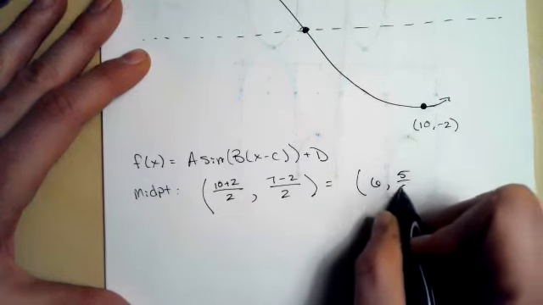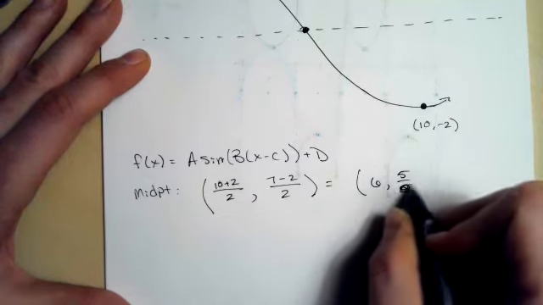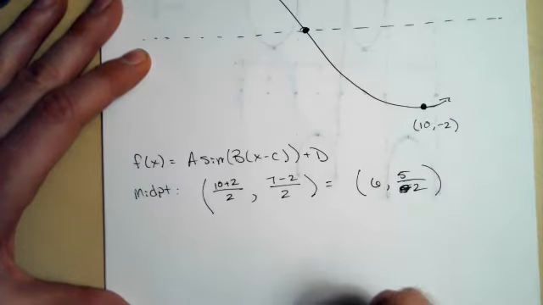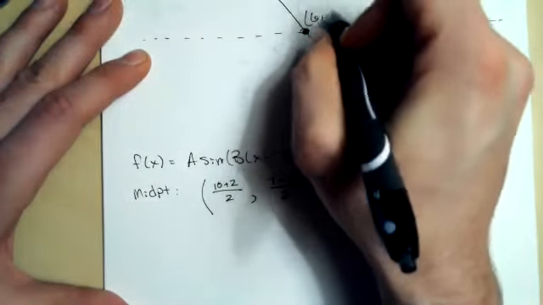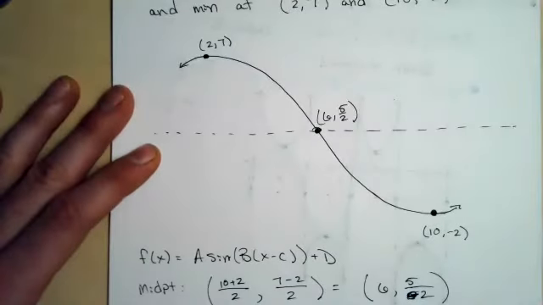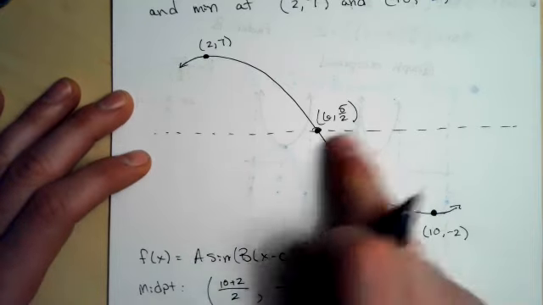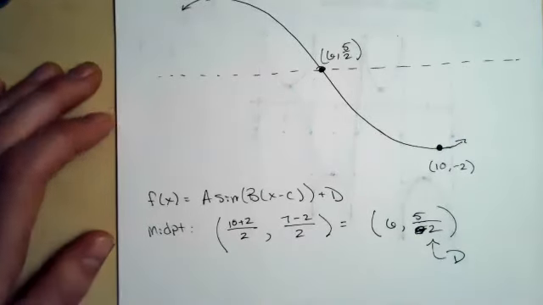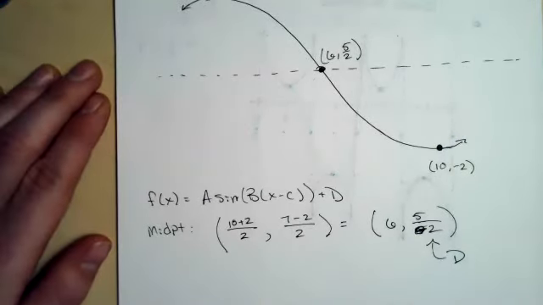So we'll get 6 and 5 halves, 5 halves for that point. Why does that help us? Well, the midline is our D. So we instantly know that.